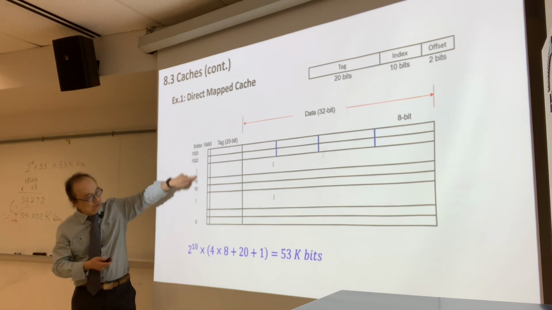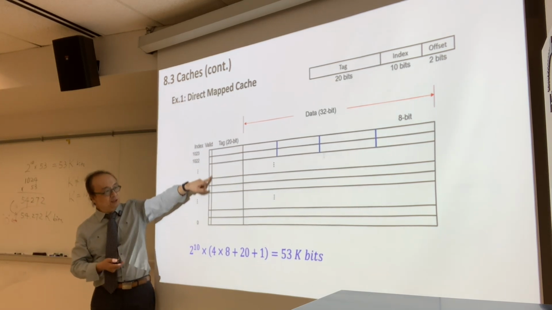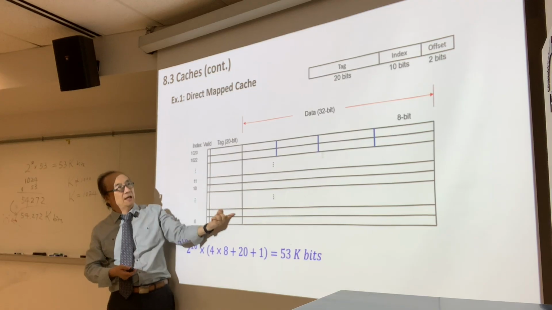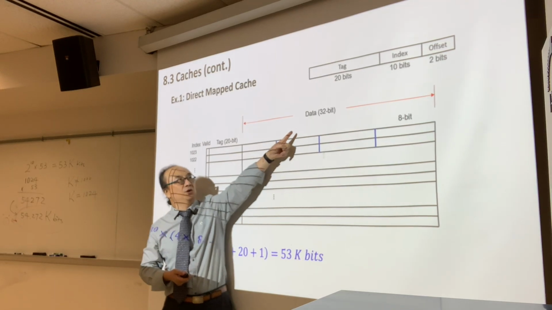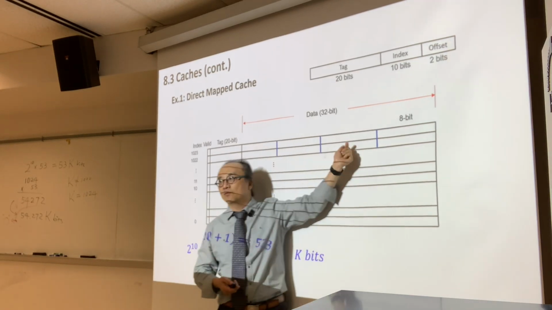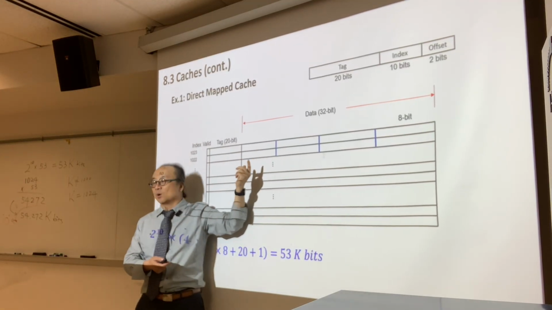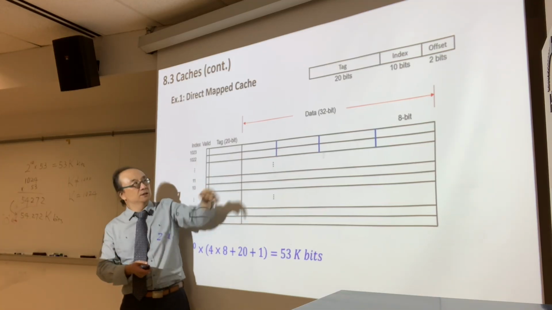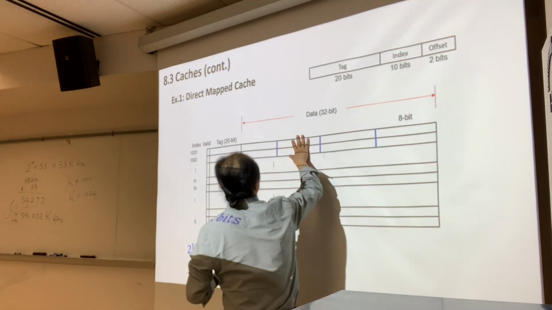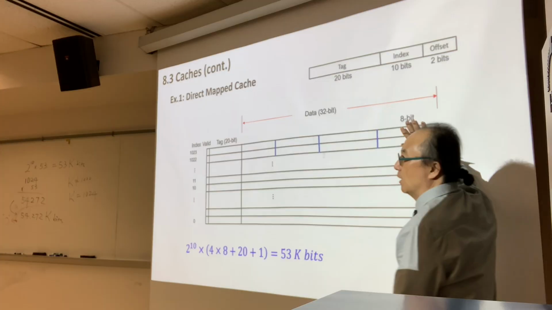So this is the 2 to the power of 10 entries, valid bit, 20 bits for the tag, and in the data, 32 bits, but we have 4 bytes. So that's why we need to have an offset of 2 bits. So this is 00, 01, 10, 11.